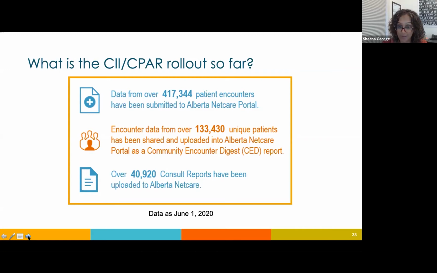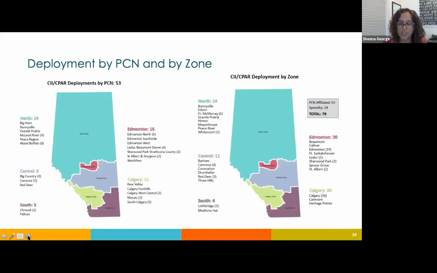So for the consults, since June, over 40,000 consult reports are now in Netcare. Usually consults are only being sent to the referring physician, so this is where we can really see over 40,000 is now available. Same with primary care, over 100,000 unique patients now have CEDs in Netcare as a result of their clinics participating.